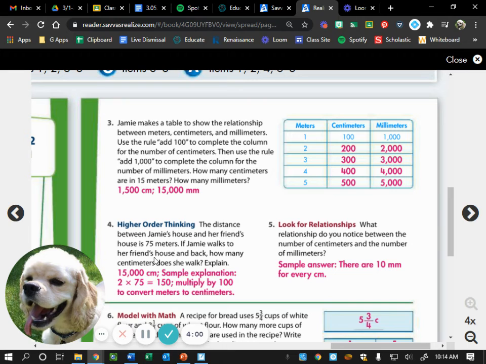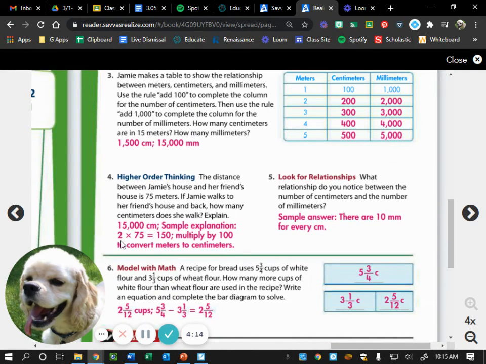And we want to know how many centimeters that would be. So we would take 150 and multiply it by 100, which would get us 15,000 centimeters. And they asked us to explain, so you could say, 2 times 75 is 150.